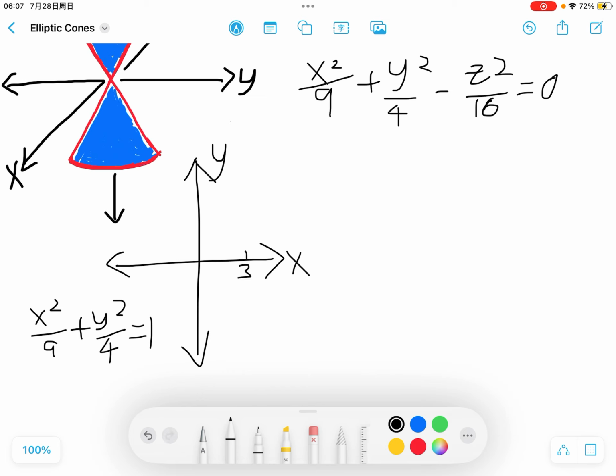We have major and minor axes, something like this. So that's our ellipse.